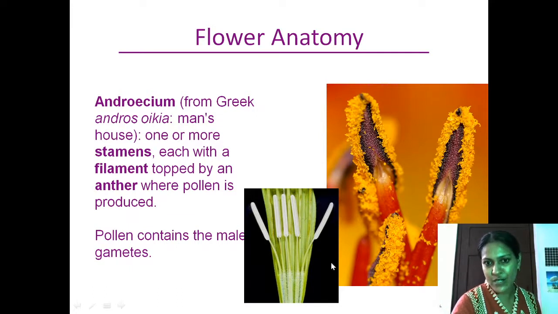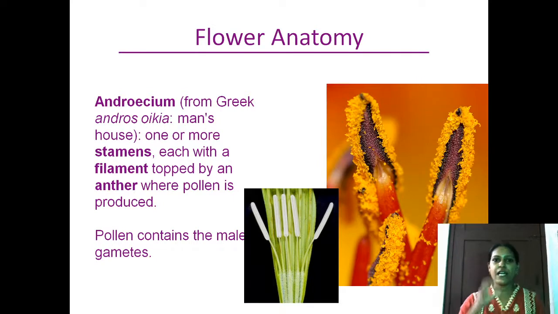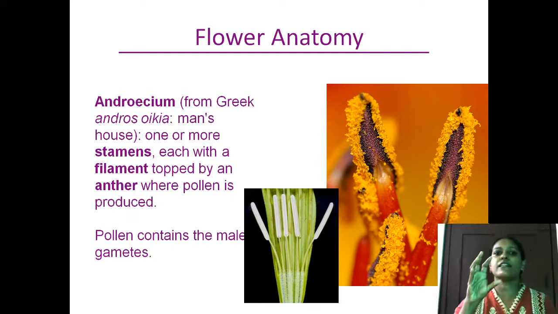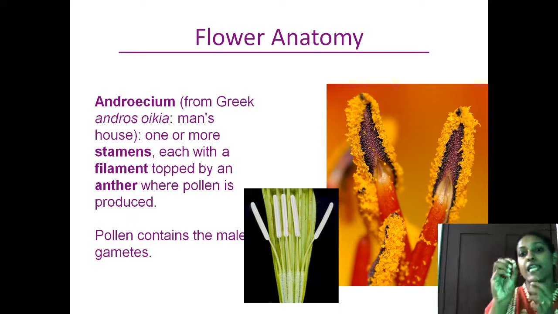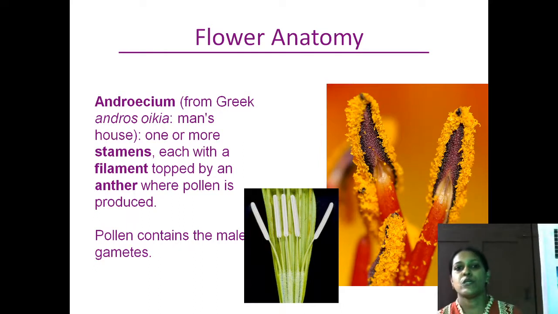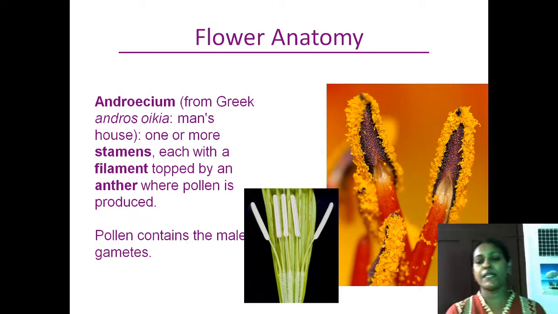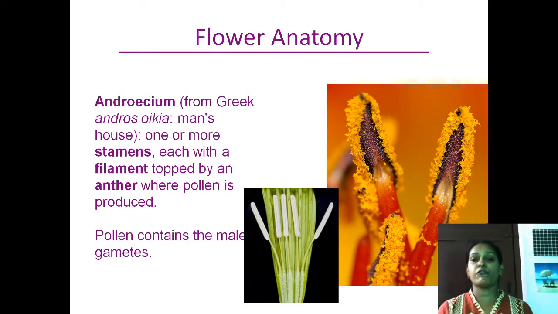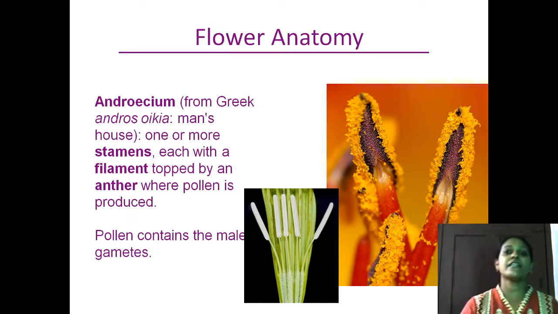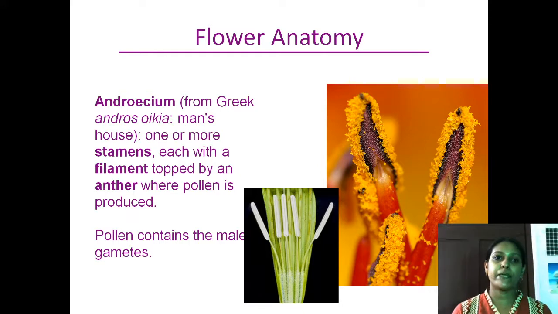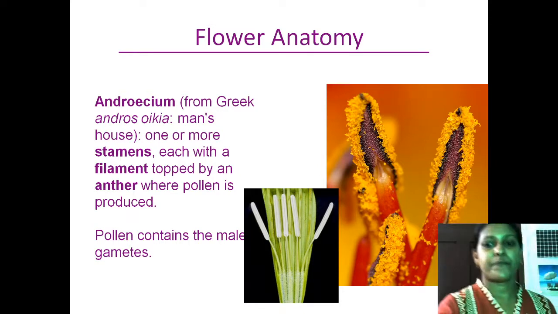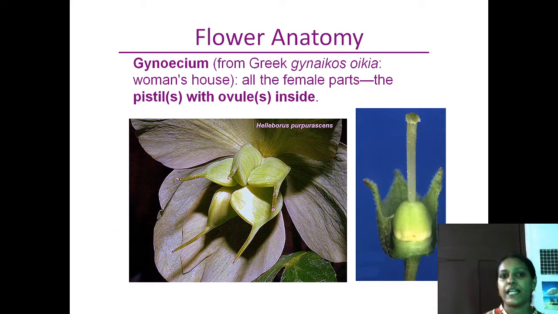Together these are called the stamens. Fine. So this is all about the androecium. And in the anther lobe, you could see the yellow thing, that is pollen, which carries the male gametes. When the pollen falls onto the stigmatic surface, the pollen tube grows, and it carries the male gametes.